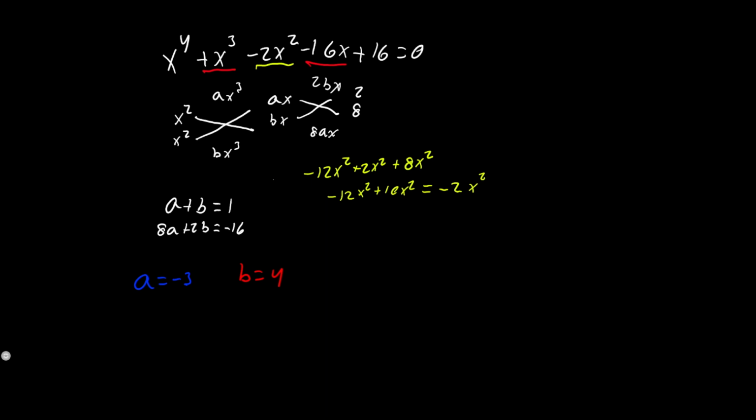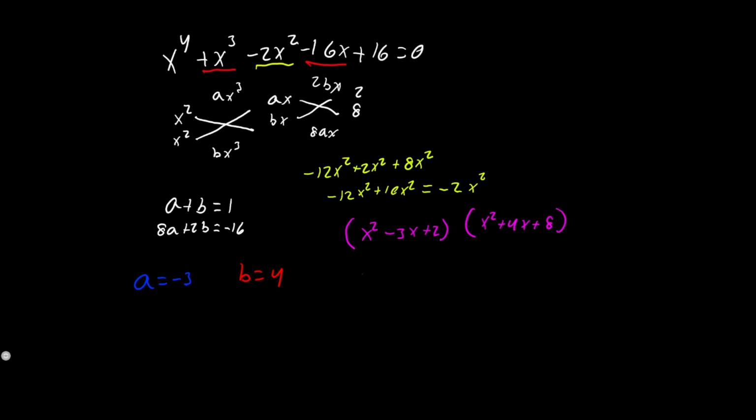So we see that we indeed are going to have a factor of 2 quadratics, and our factors are x squared minus 3x plus 2 times x squared plus 4x plus 8.